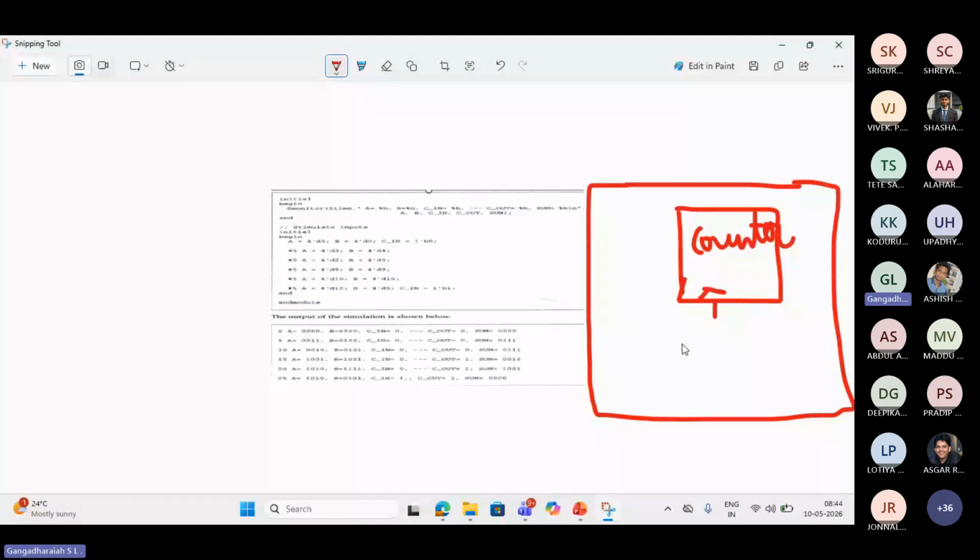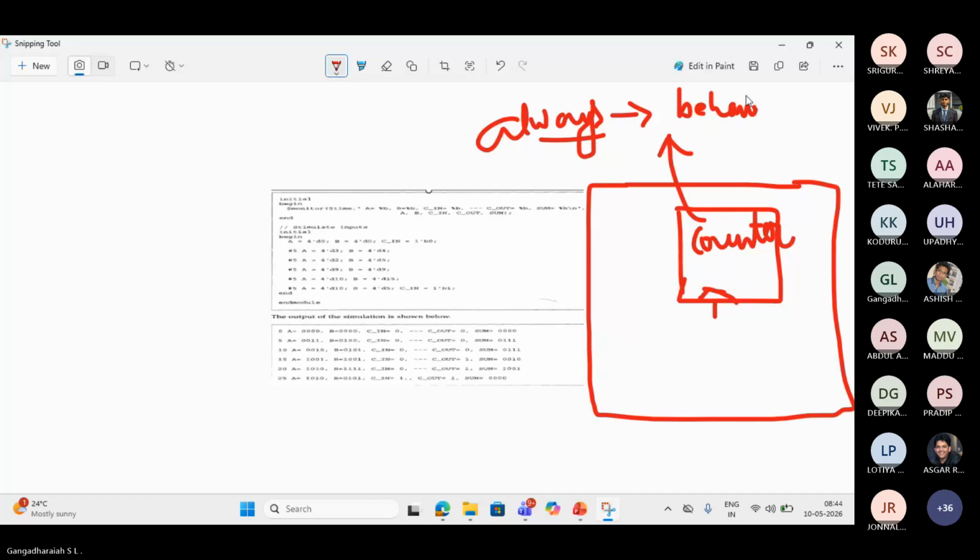Assume the functionality of the counter is defined using always. Hence, it is called behavioral modeling, because I'm trying to look at the behavior of this counter.